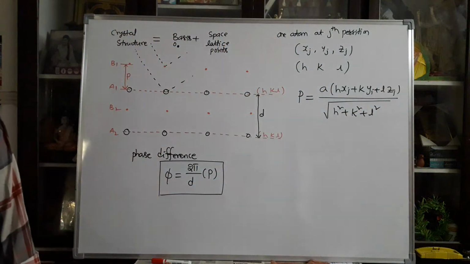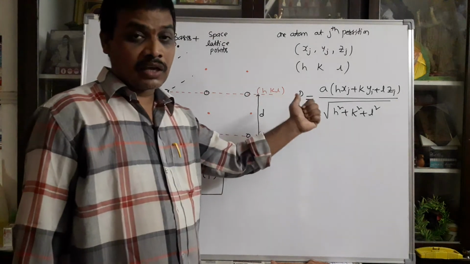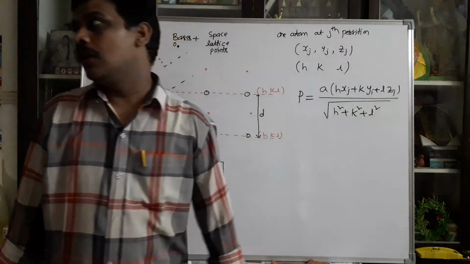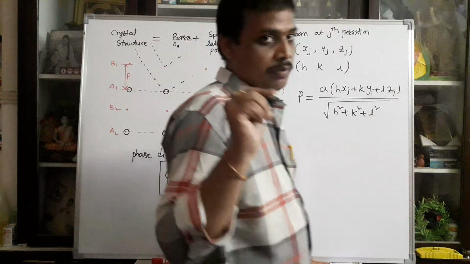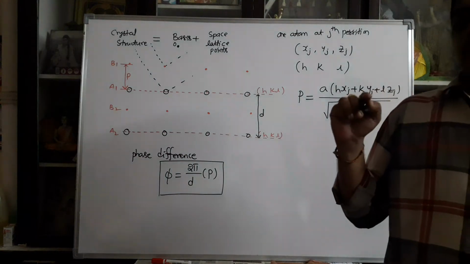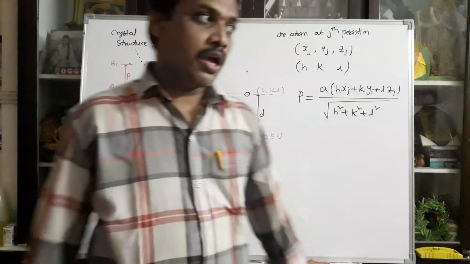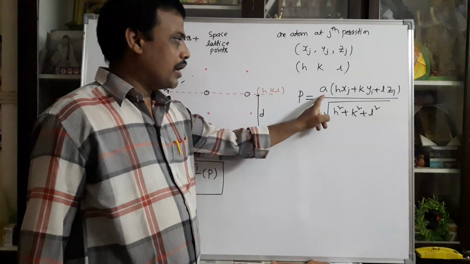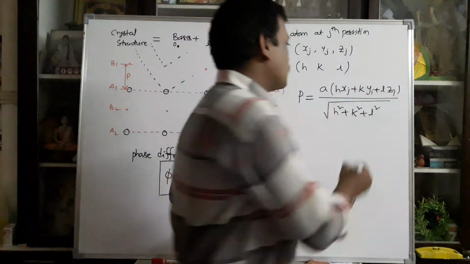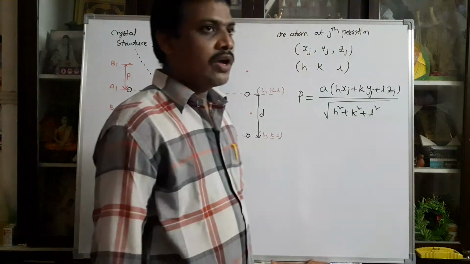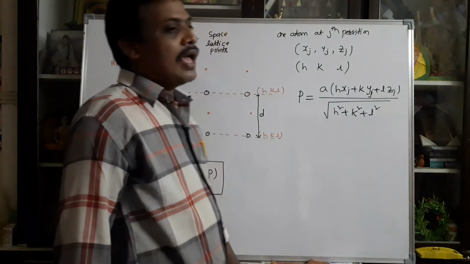This is in terms of Miller indices, and the distance between successive lattice planes is d equal to 1 by square root of h square by a square plus k square by b square plus l square by c square. In that way you can represent it: P is equal to a into h xj bar plus k yj bar plus l zj bar, by square root of h square plus k square plus l square.